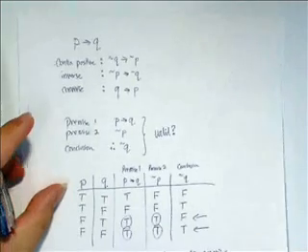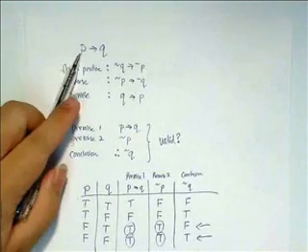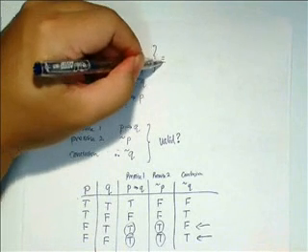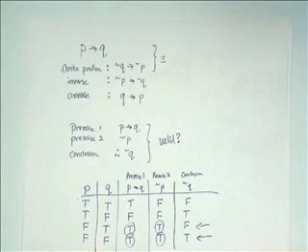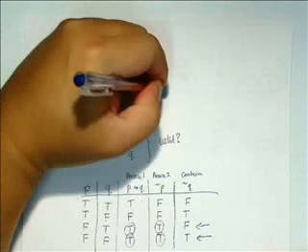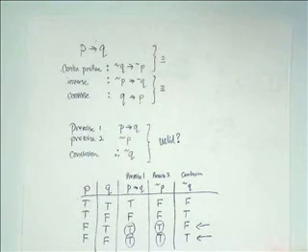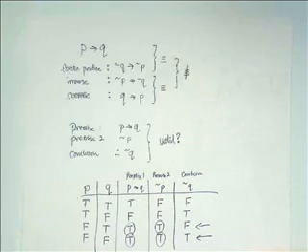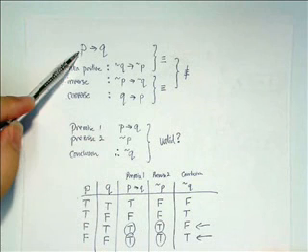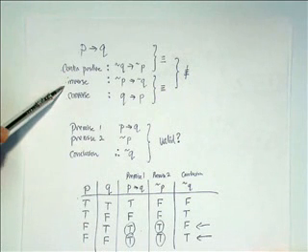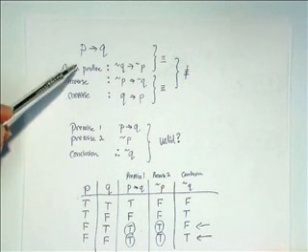What you need to know is that the original statement and the contrapositive form a pair. They are logically equivalent. The converse and the inverse form a pair. They are logically equivalent. Across these two pairs, they are not logically equivalent.